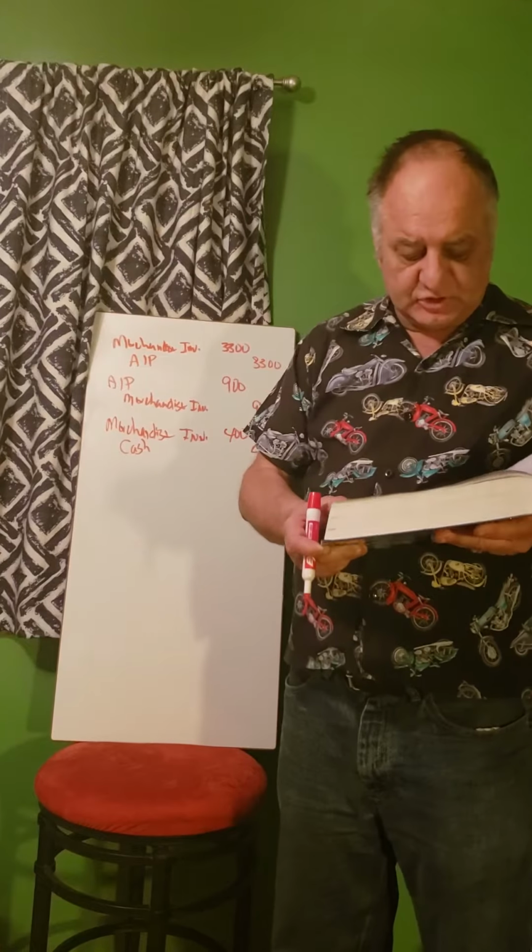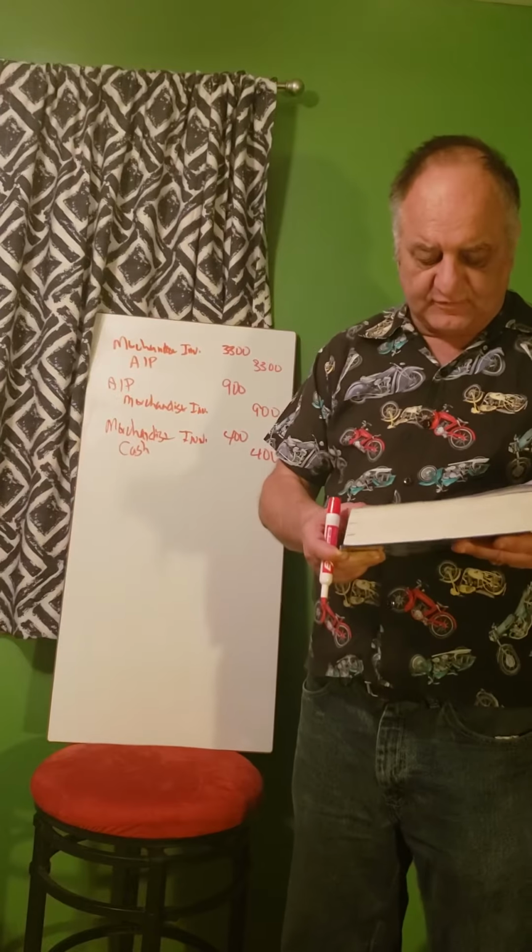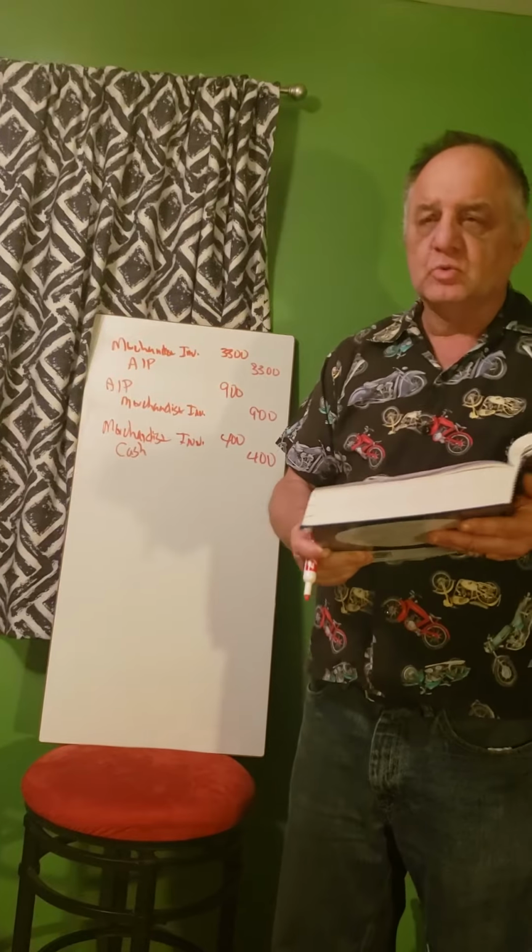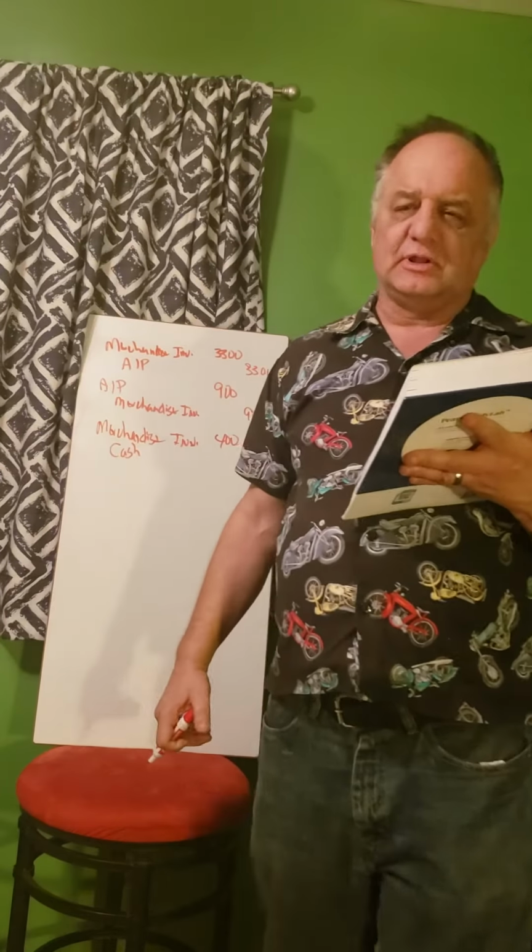Okay, so I sold merchandise inventory on account for $4,700. When we have a sale under a perpetual inventory system, each sale requires 4 entries.